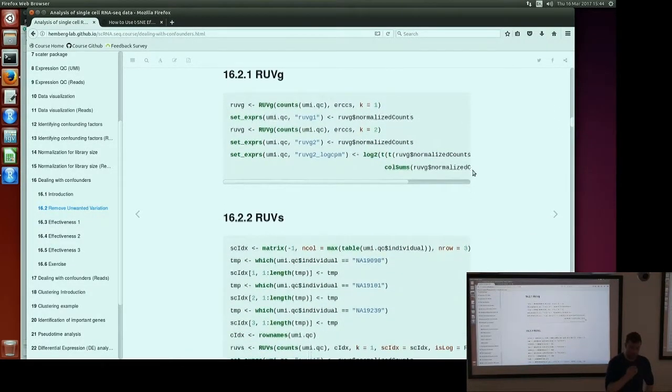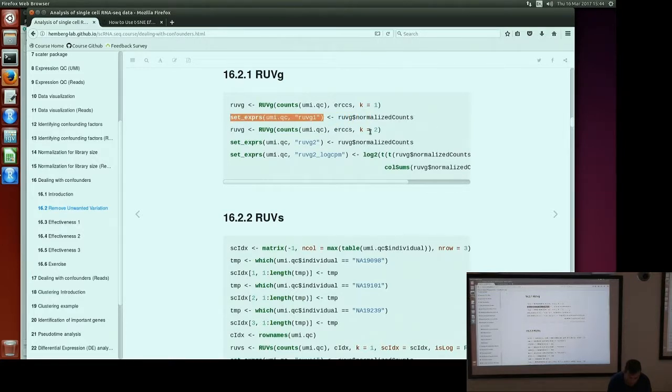So to actually run RUVg, there's a function called RUVg from the RUVSeq package, and so we can run this. We supply the raw counts and the ERCC genes, which we've nominated to be the control genes in this setting, and we define K to be 1, and we can then take the normalized counts from the output of RUV and add that to our SCE set matrix in a defined slot.